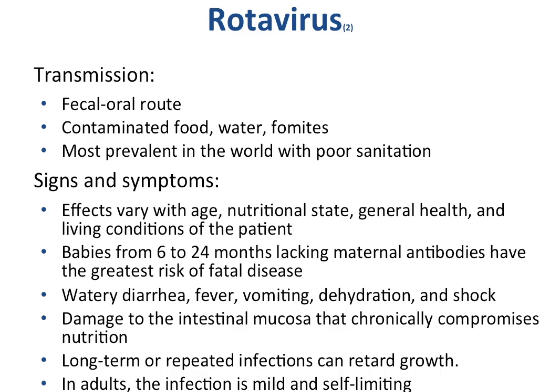Especially IgA, because IgA is highly concentrated in the milk in the first 3 months. So it can cause watery diarrhea, fever, and vomiting. If it is a chronic case, it can cause malnutrition.